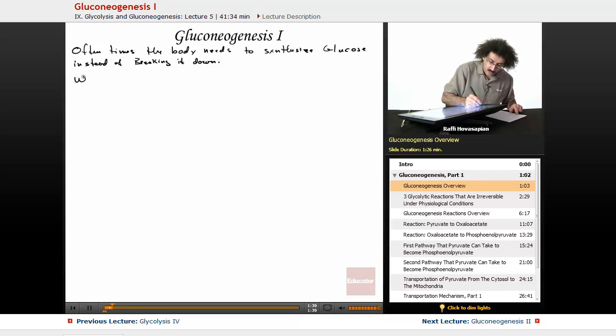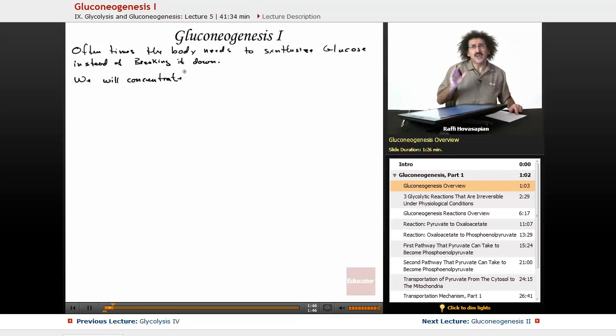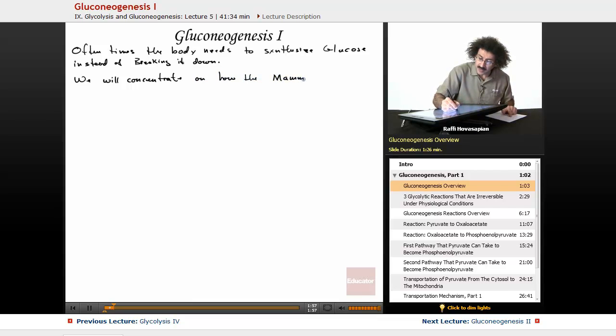Okay, so we will concentrate on the gluconeogenesis that takes place in the mammalian liver. We will concentrate on how the mammalian liver does this.